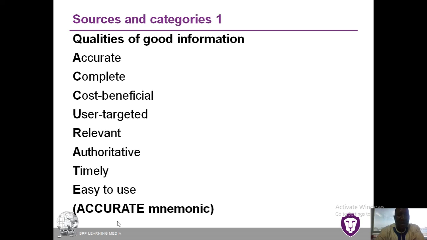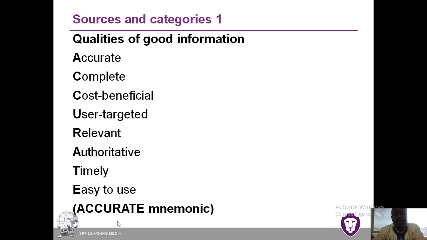So let's have the user of the information in our mind so we can provide information that is easy for them to use. Easy to use also means that you have to use certain formats that can easily be understood by the user. So you got to know methods of data presentation that make it easy for the user to use the information.